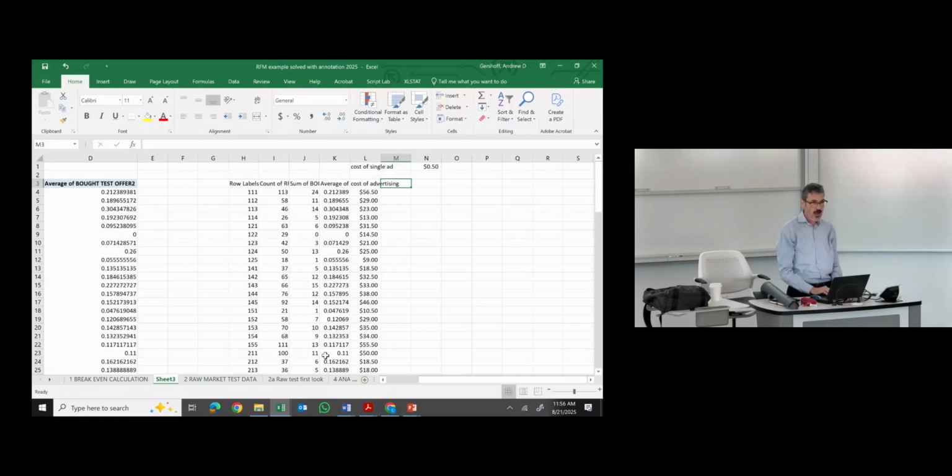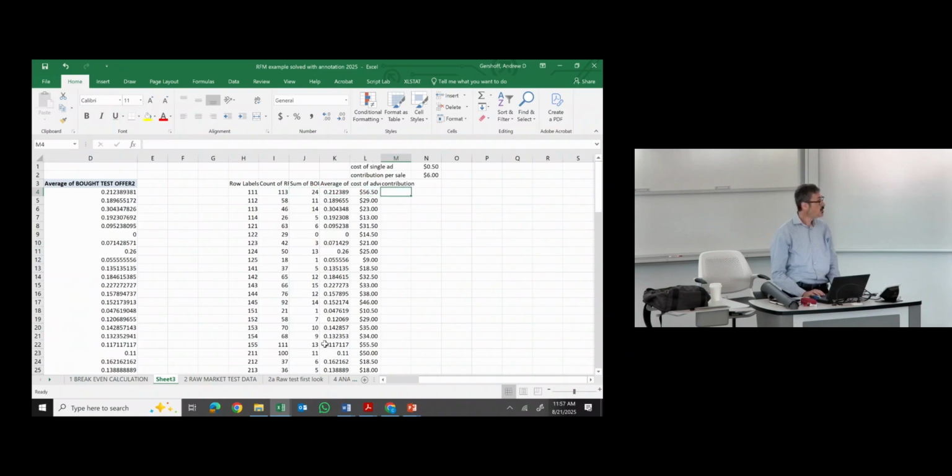And now I can look at what my contribution is in each one of the segments per sale. How much do I make on each book that I sell? $6, right? And so how much money did I make from this group? I sold 24 books.